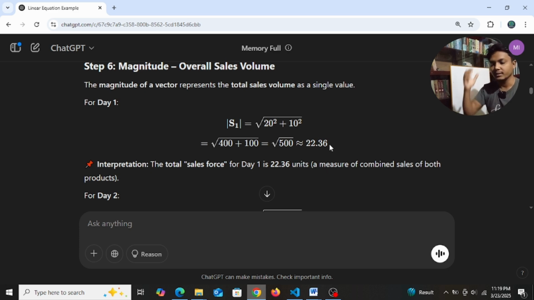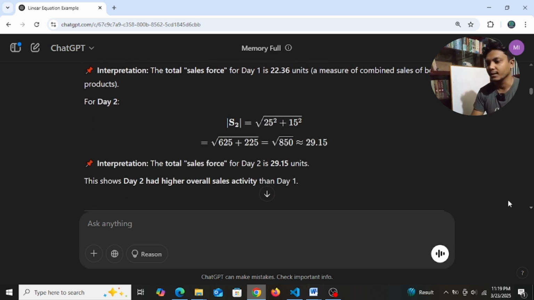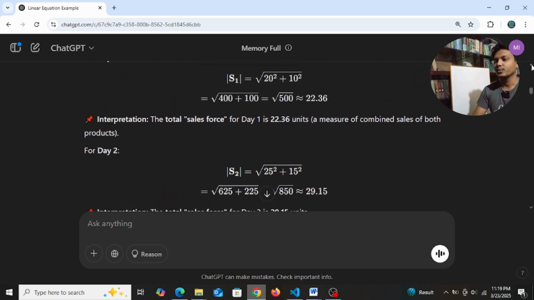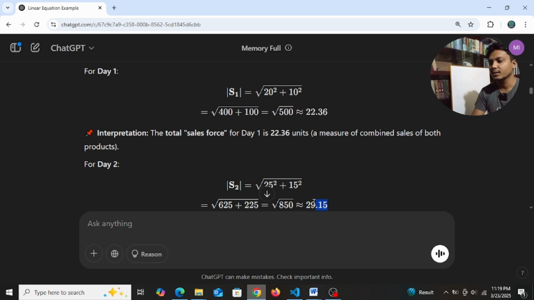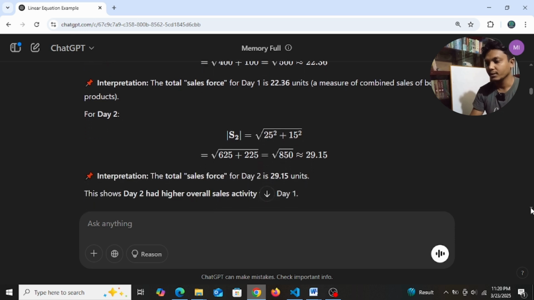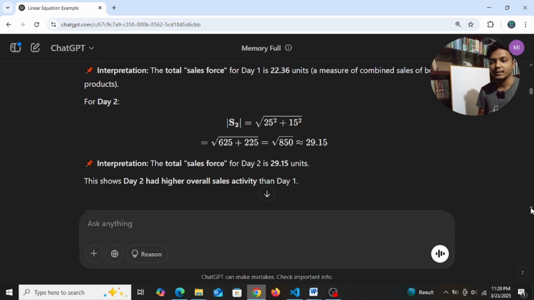So you may say what this is actually, where we can apply this, why this is important. You may think this, okay. So if you see day two's data, this is the sales for day two, 29.15. So if you compare 22.36 and 29.15, we can easily say that in day two we did more sales activities, right?